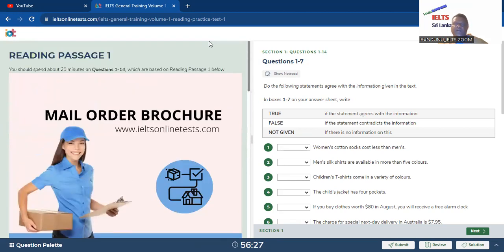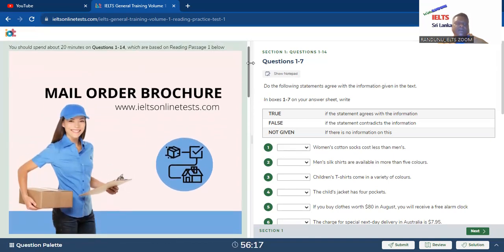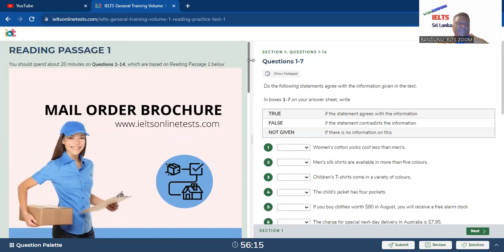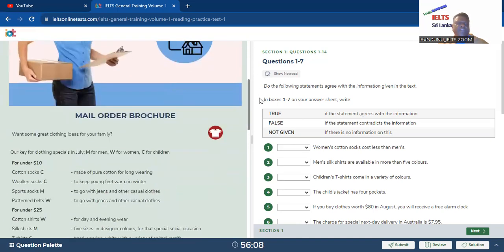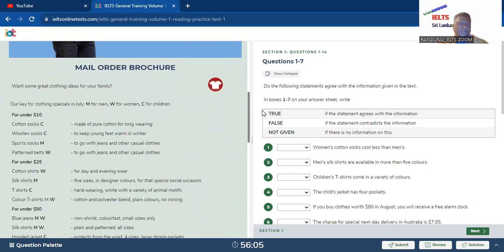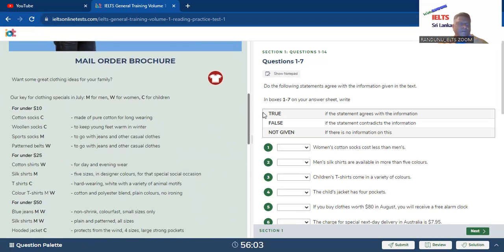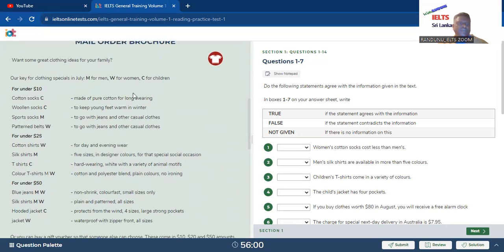Now, what we are going to do, first of all, is glance at the passage. We are not going to read, we are just glancing. Okay, it's a mail order brochure. It's a kind of advertisement. You can see here, mail order brochure. It's about garments, clothing ideas. You can highlight in computer based, like this.